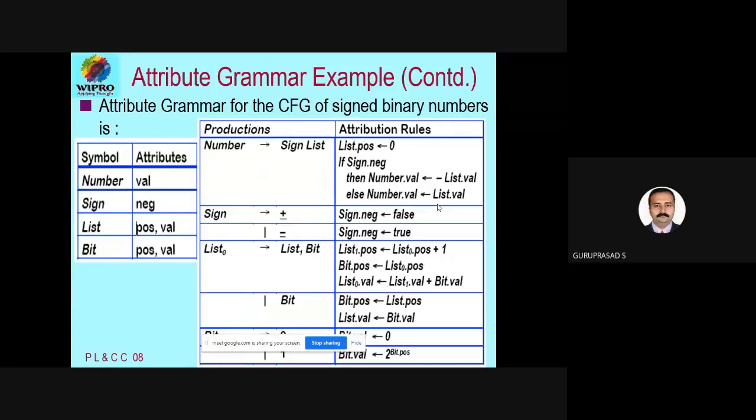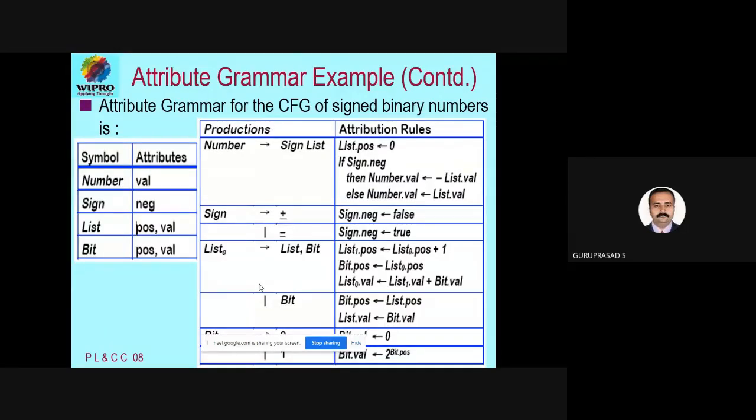Okay. Sign is having two possibilities, either plus or minus. If sign is plus, sign dot negative is false, else sign dot negative will be true. Okay. List 0 produces list 1 dot bit. 0 always indicates parent, 1 indicates child. So we have three semantic rules here.